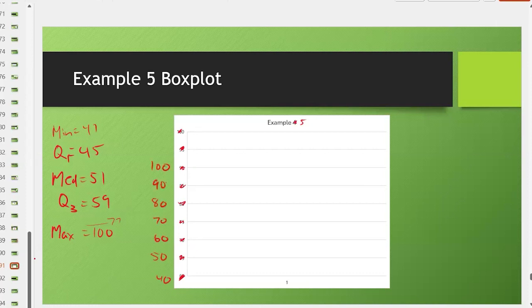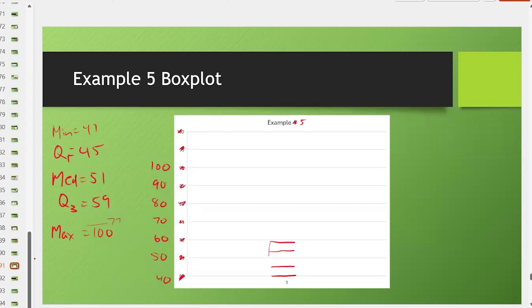That'll work. Okay, so for the purposes of this, I'm going to draw a line at 40 or 41, thereabouts, about at 40. And one at about 45. One at about 51. Okay, one at about 59, so just really close to 60. Okay, and then the max is up here at 100.